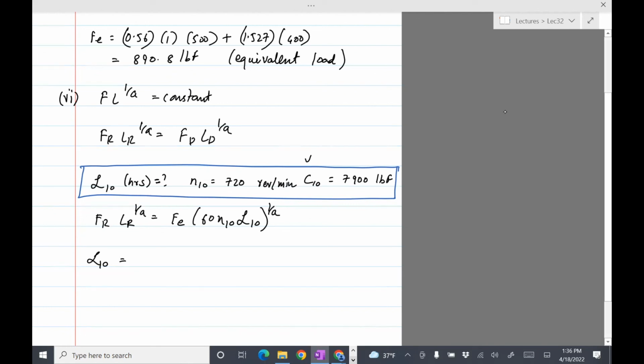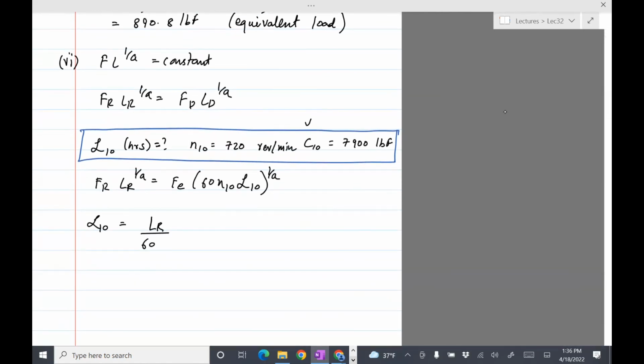That would be LR divided by 60 and 10 is to A, FR divided by FE. I'm just moving things around.